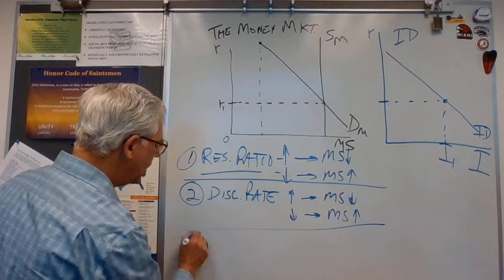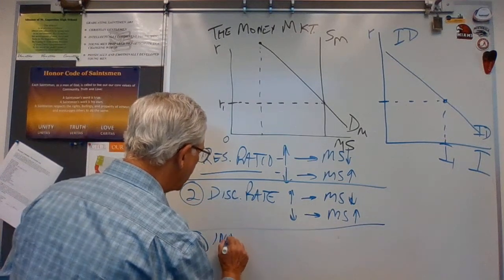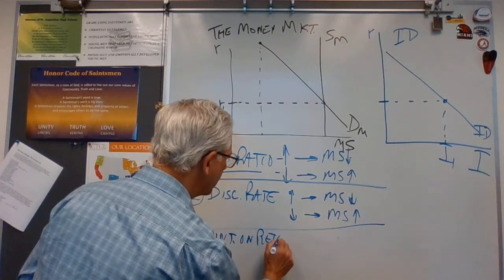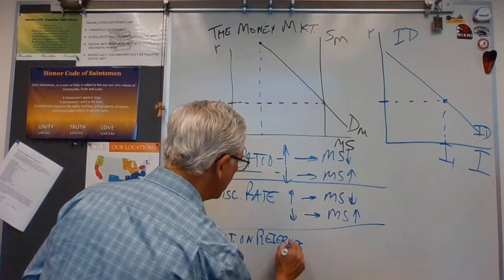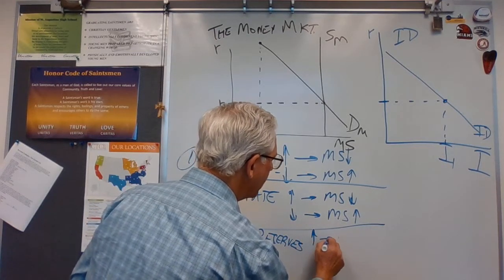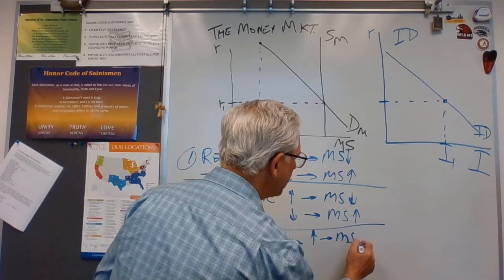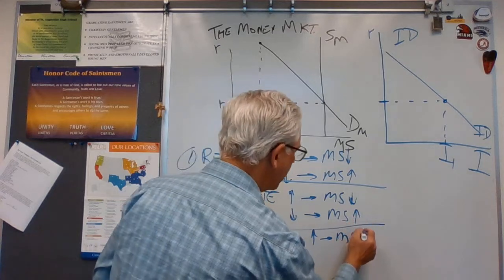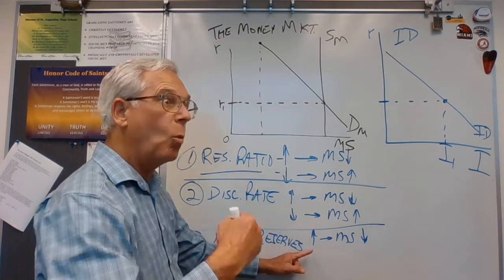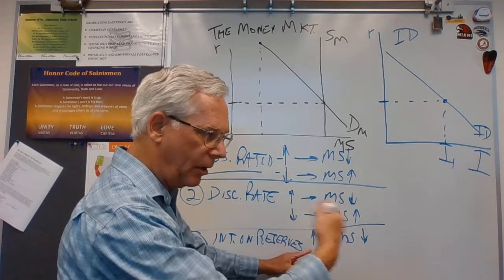Then the third one is the new tool of monetary policy: interest on reserves. And if the Fed raises the interest rate on reserves, that will cause the money supply to decrease. Because if they raise the interest rate on reserves, banks want to keep their excess reserves on account.